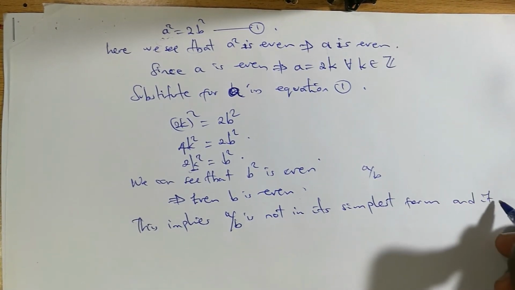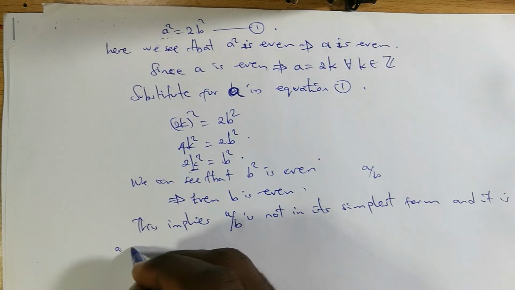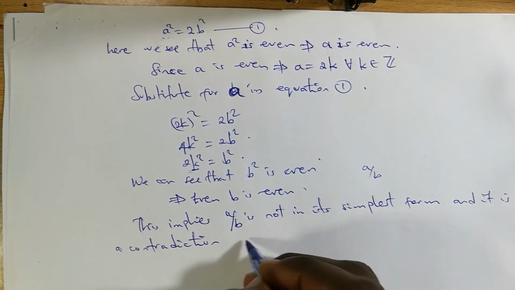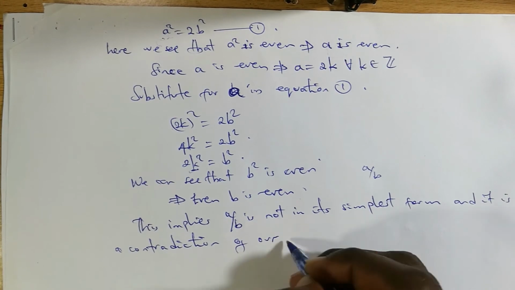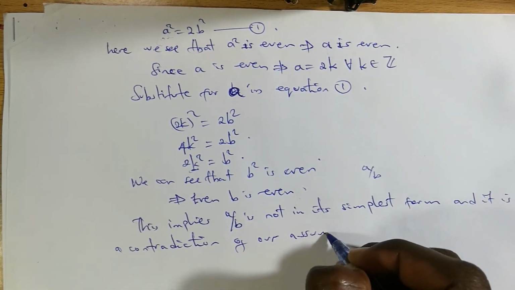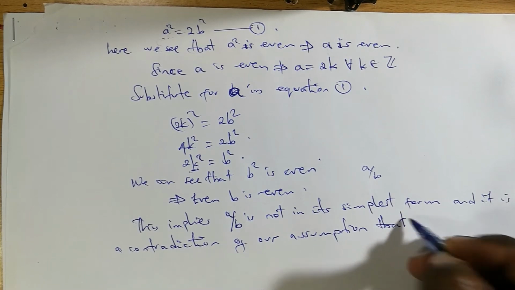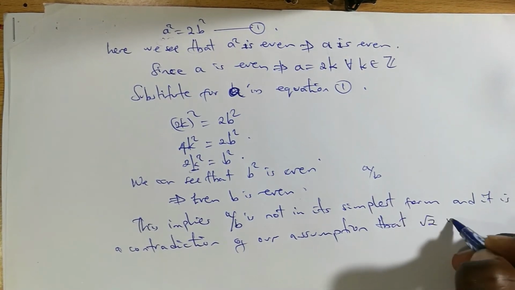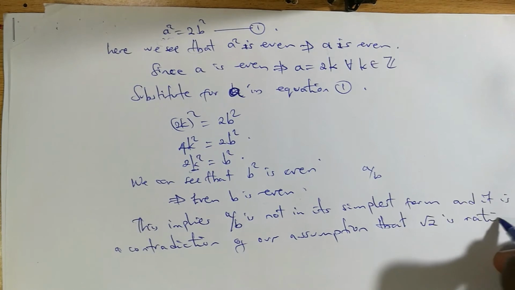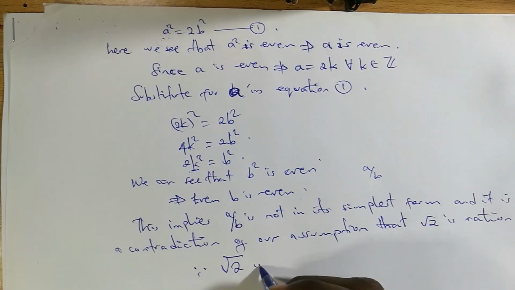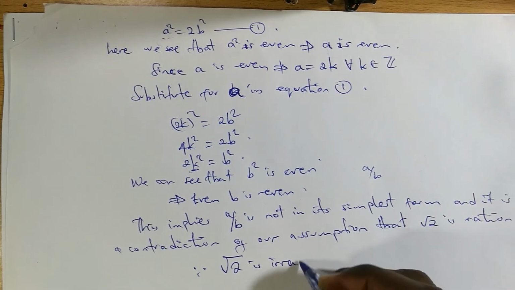It is a contradiction of our assumption that root 2 is rational. Therefore, root 2 is irrational.